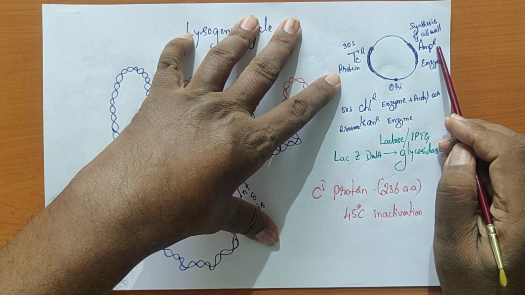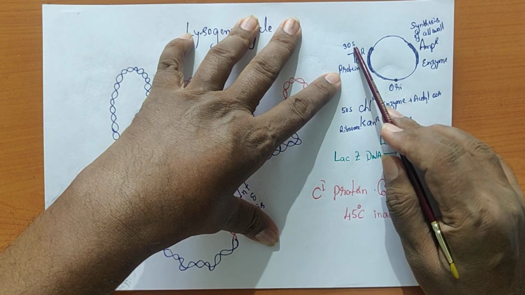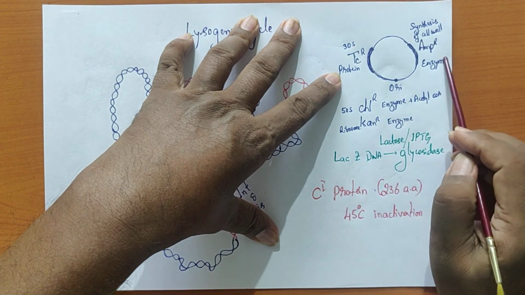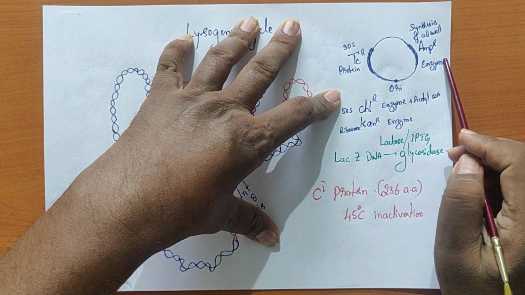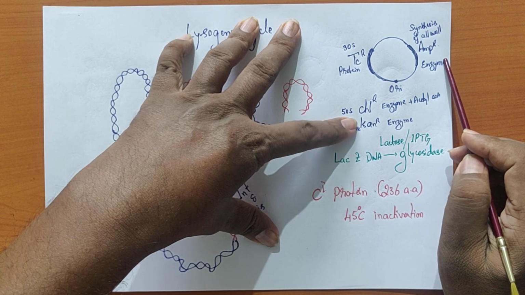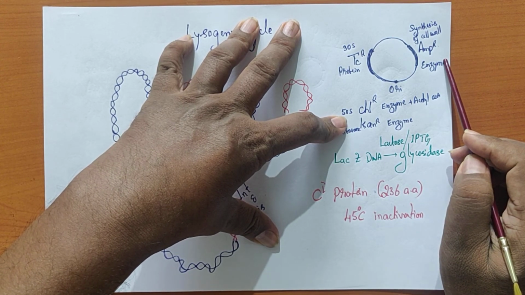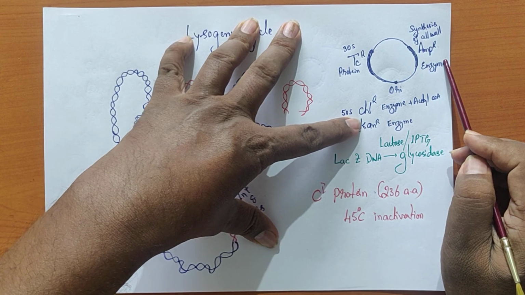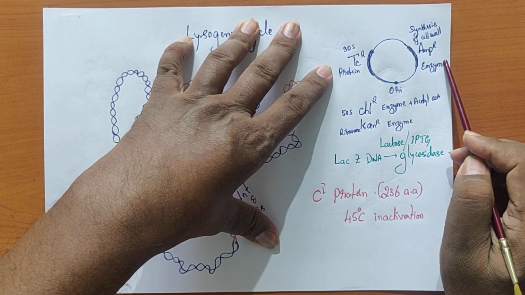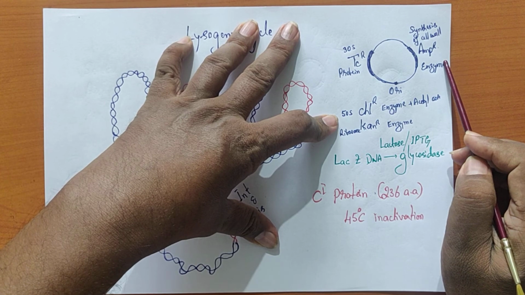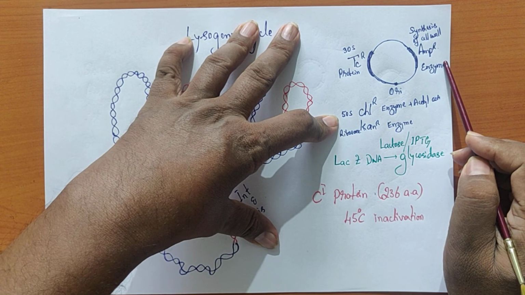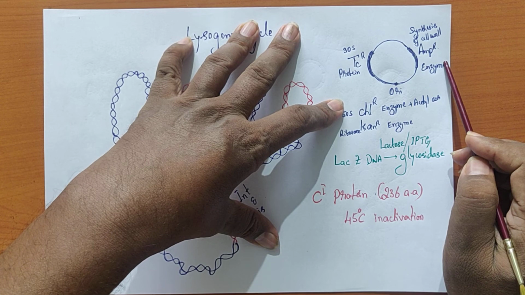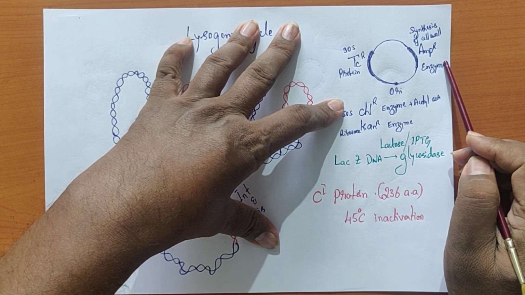Tetracycline binds to the 30S subunit of the ribosome and blocks protein translation, and that's how it acts as an antibiotic. On the other hand, chloramphenicol binds to the 50S ribosome subunit, and again it inhibits protein synthesis and kills the microorganism. Whereas kanamycin again binds to the ribosomal subunit and interferes in protein synthesis and kills the microorganism.